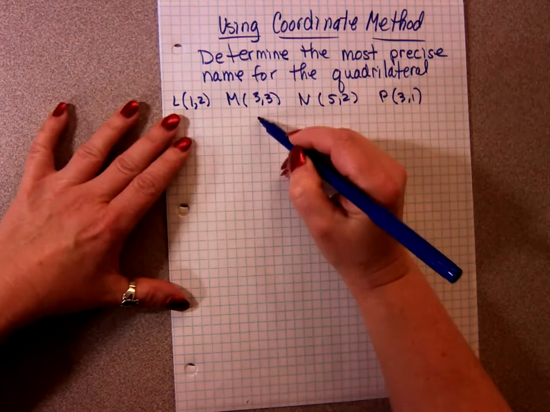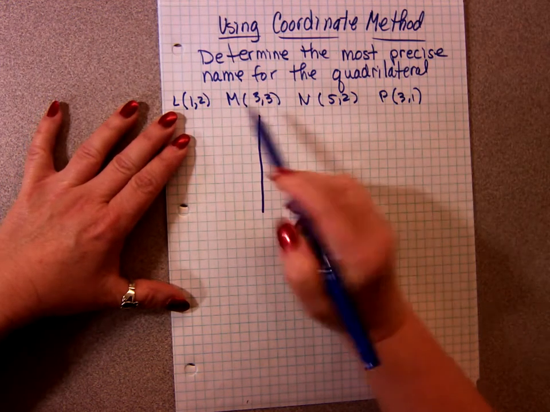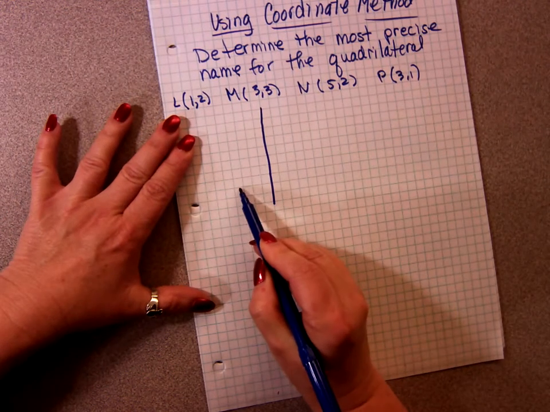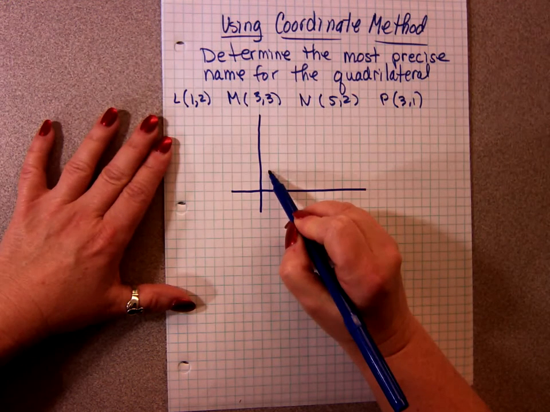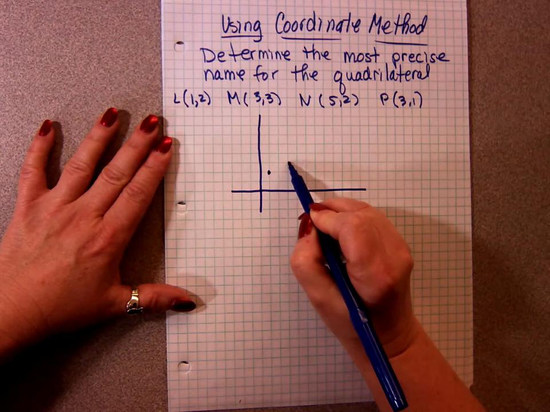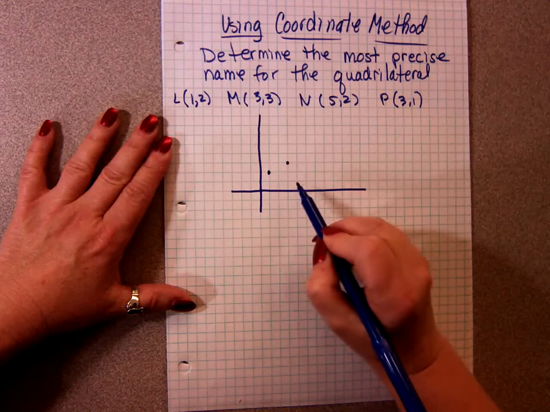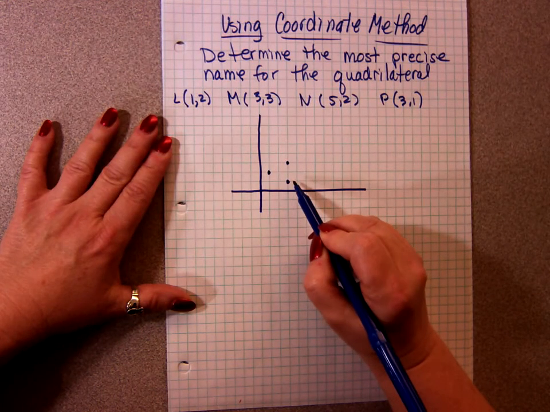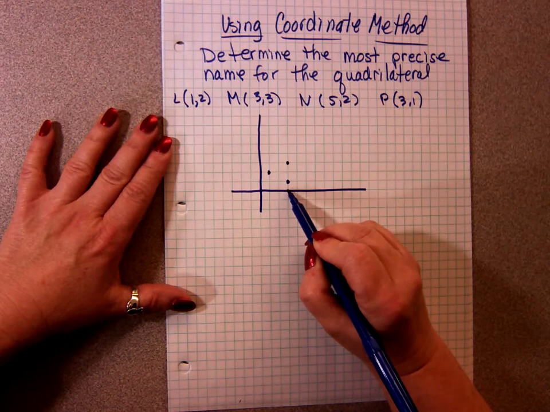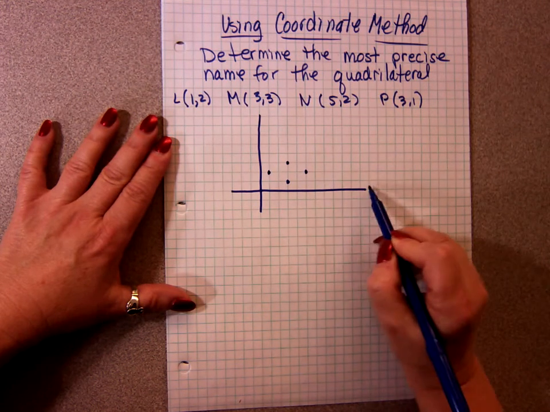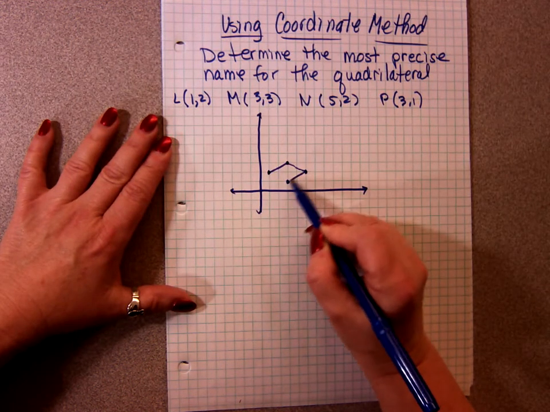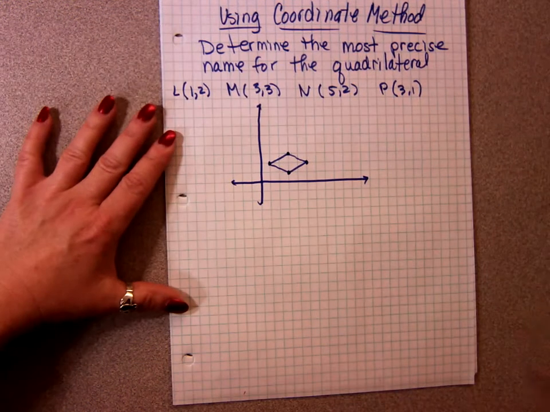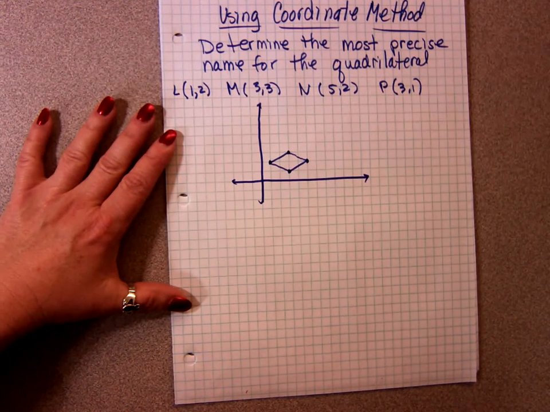So I have 4 points, L, M, N, and P, and I'm going to graph them. So there's my graph. So how am I going to approach this?